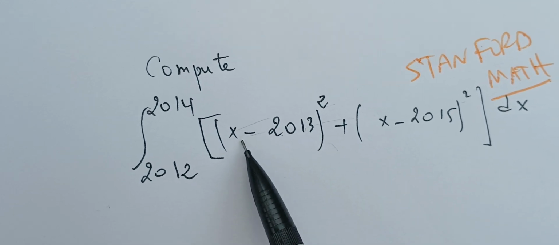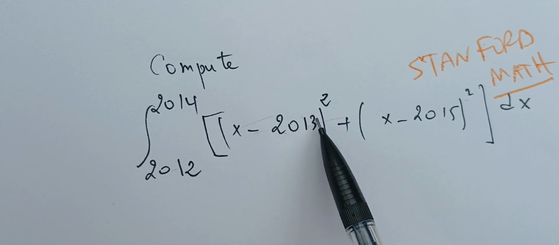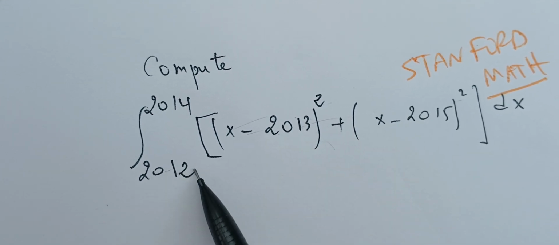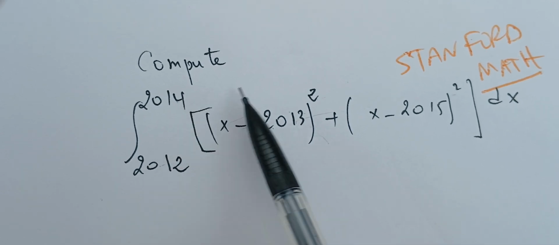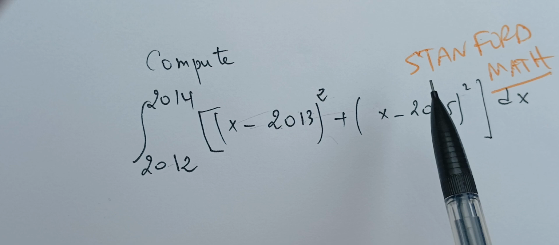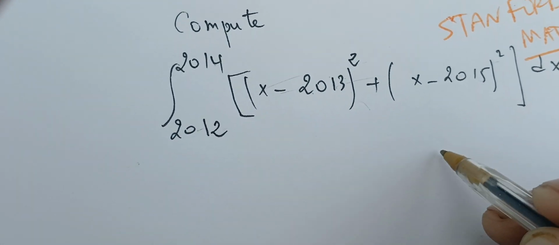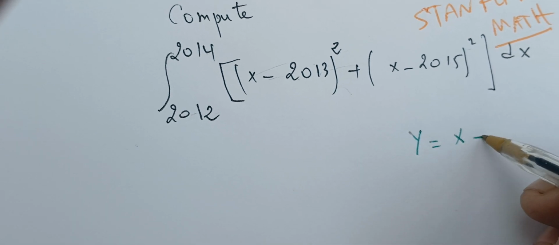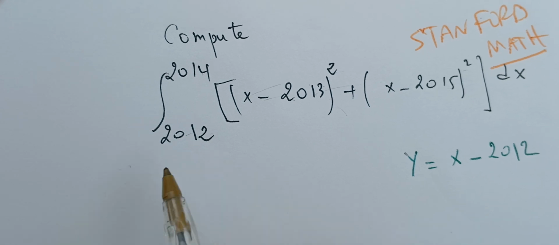And note that the difference between 2012 and 2013 is 1, between 2012 and 2015 is just 3, and between 2014 and 2015 is just 1. So if we use this change of variable, y is x minus 2012, we're going to have 0 here.